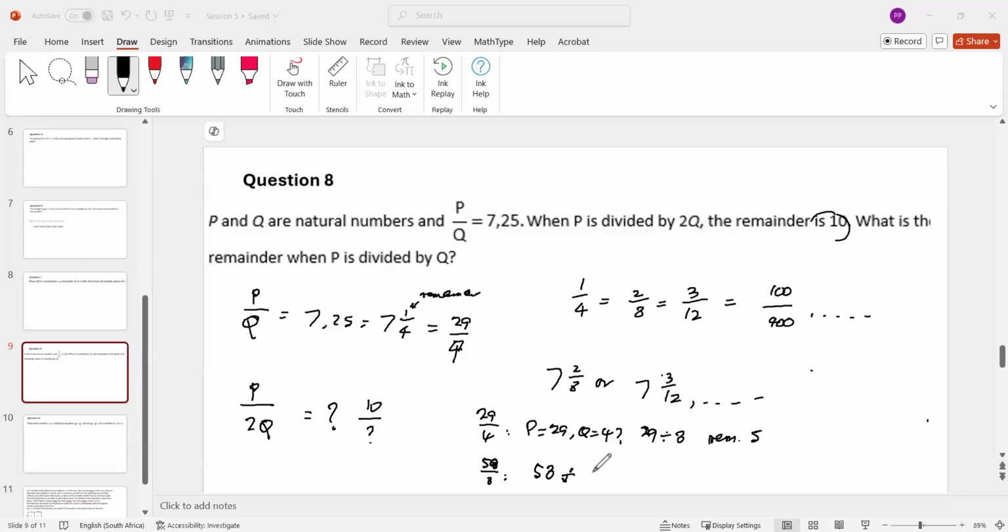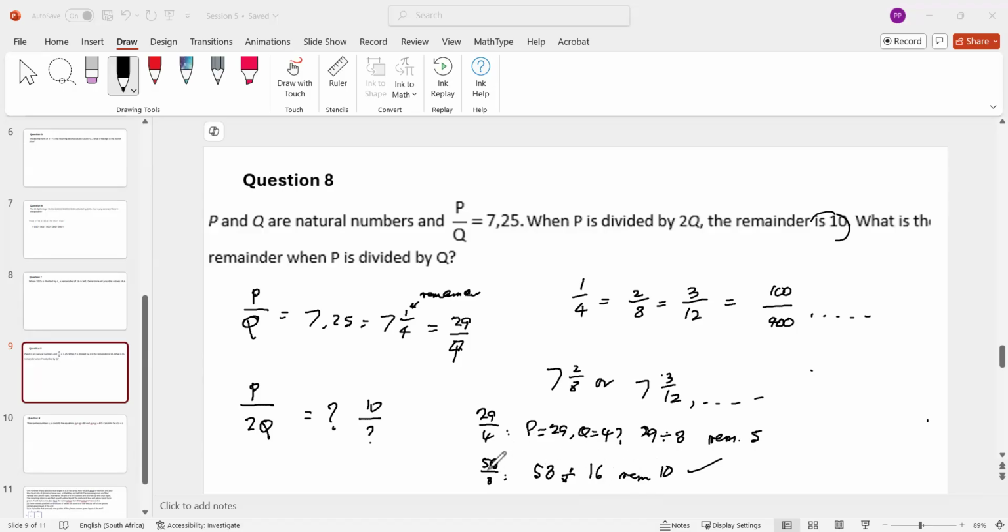Q is 8, so 2Q is 16. Now 16 goes into 58. 16 times 3 is 48, and the remainder is 10. Yes, so this is good. When you try this one, you see that the remainder is 10. So this is the thing that works.